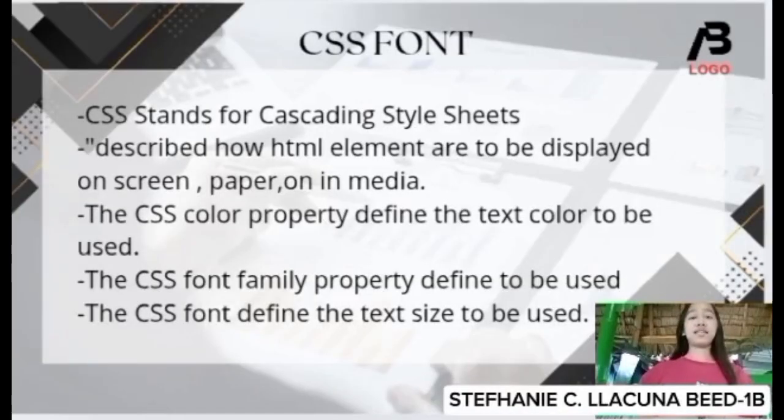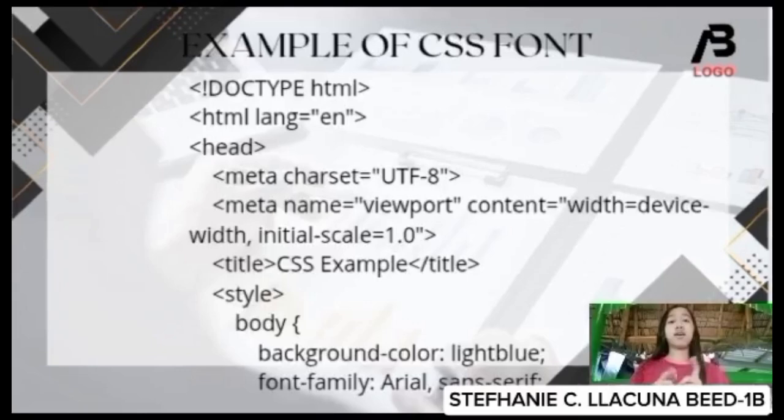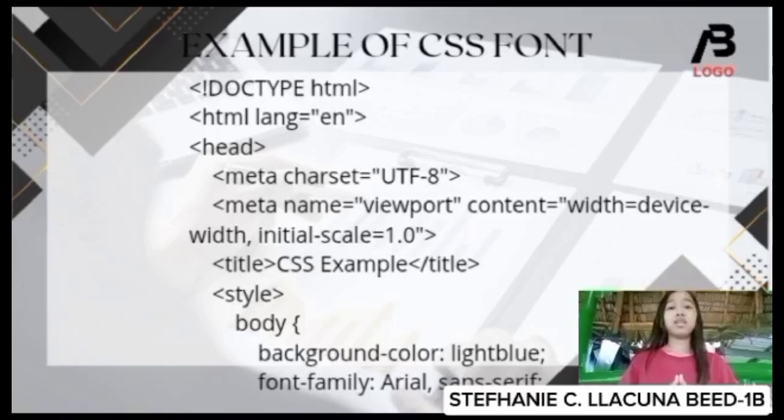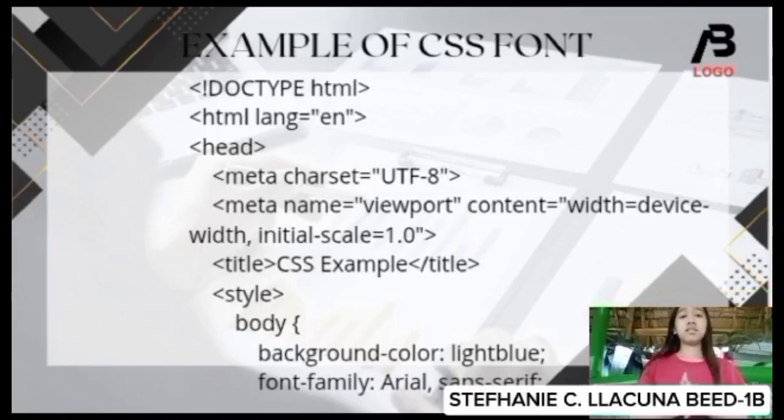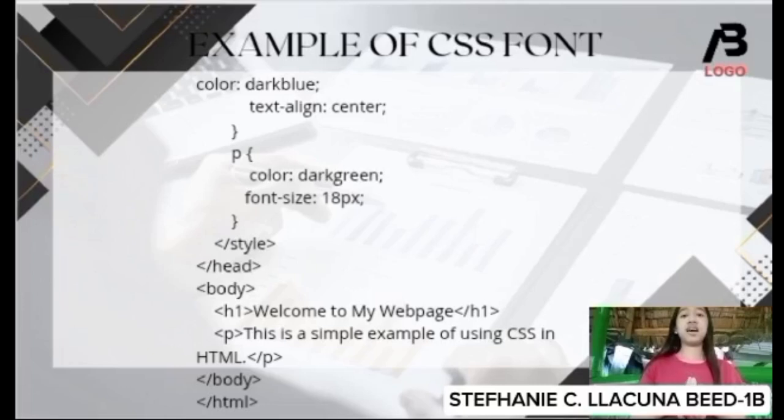Next, I will discuss CSS fonts in HTML. CSS stands for Cascading Style Sheets. First, to create a CSS font, be sure to save your file as an HTML file. To link the CSS file to your HTML file, type this inside your head tag: link stylesheet, text CSS font.